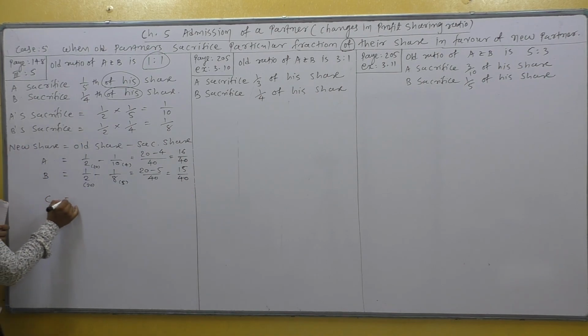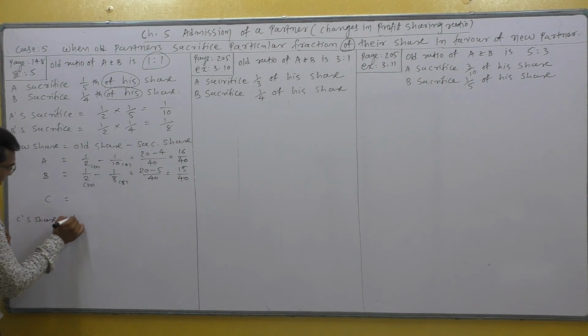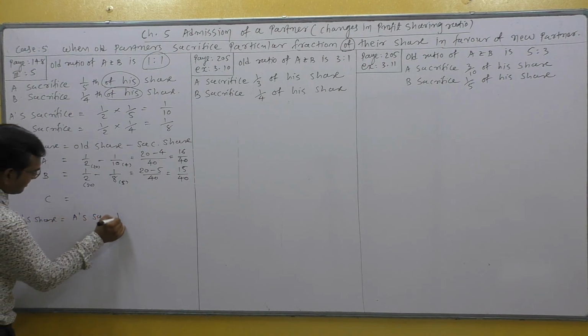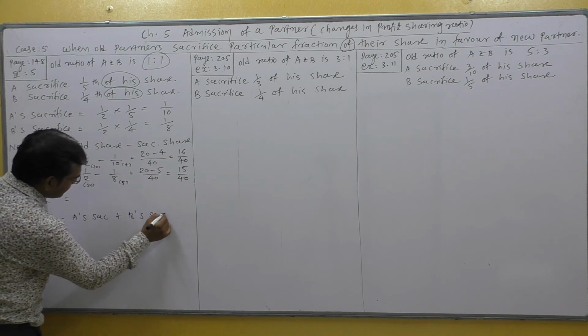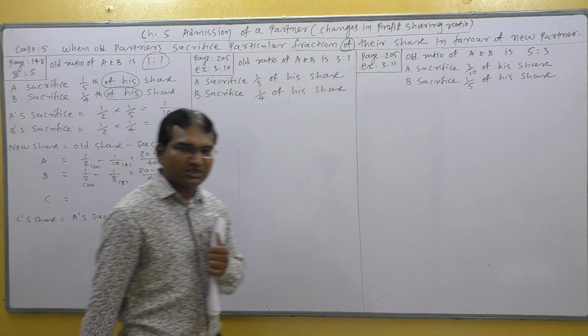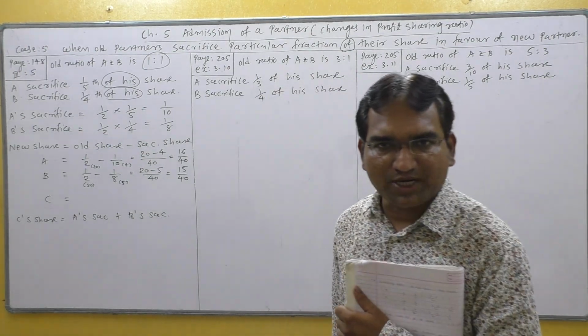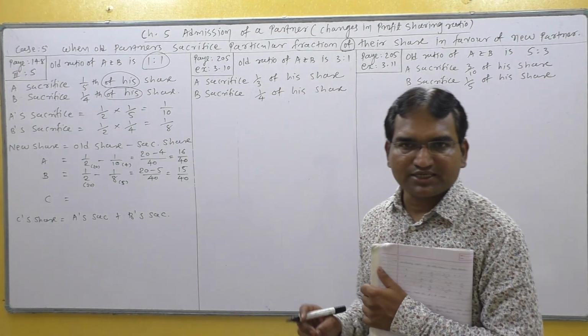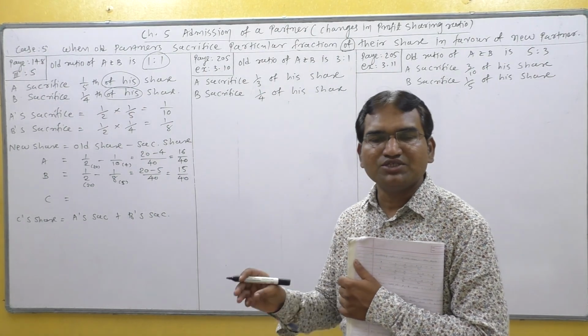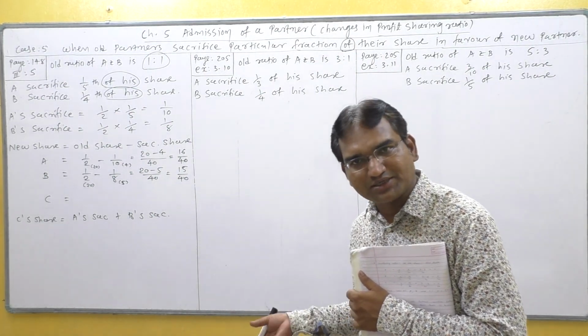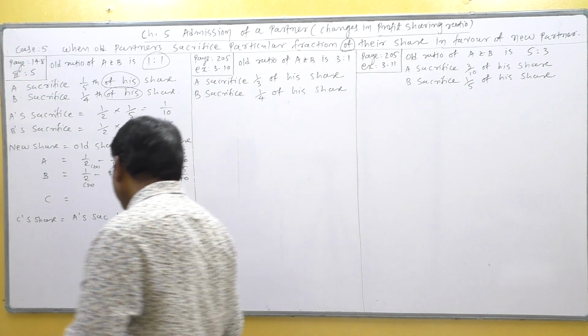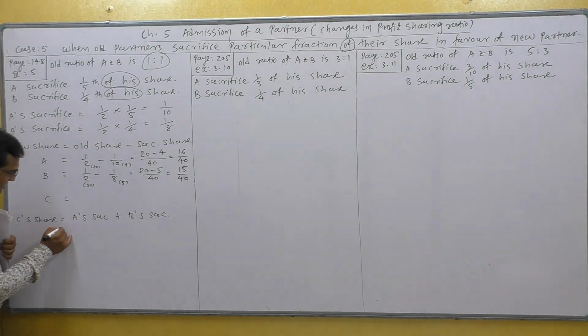Now C's share. Student, be careful here. C's share is not given. So be careful. C's share is equal to A's sacrifice plus B's sacrifice. This is a very important concept of admission of a partner. The new partner gets the profit which is sacrificed by the old partners. So A's sacrifice plus B's sacrifice is equal to new partner C's share.